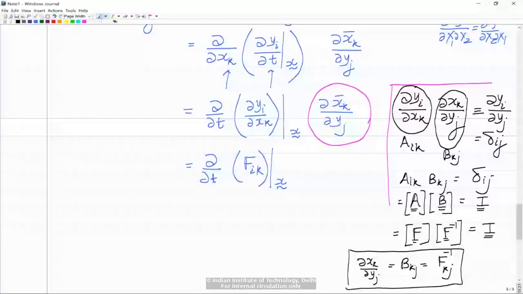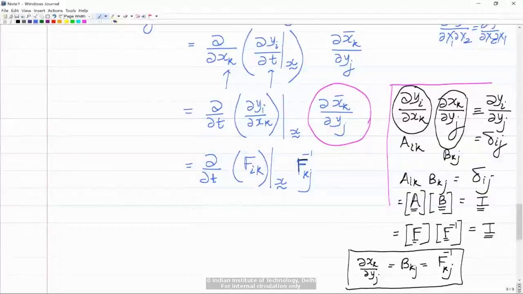Okay, so this is big F inverse and the kj component of it. And you can also think of it in a quite simple way, because you are now taking the derivative of xk with respect to yj, so it's the inverse gradient, no? And it's the kj component of the inverse deformation gradient, F inverse.